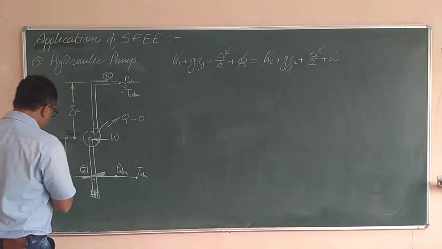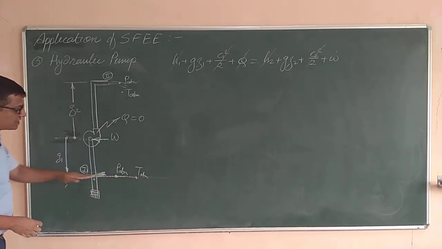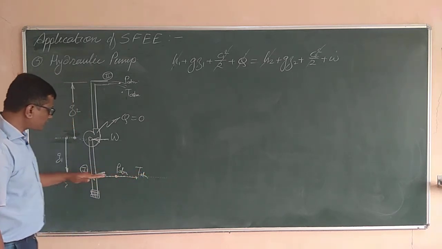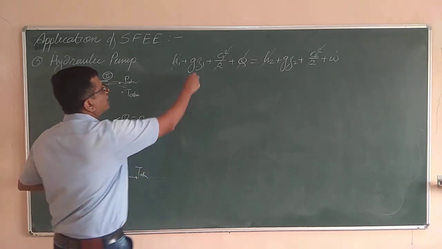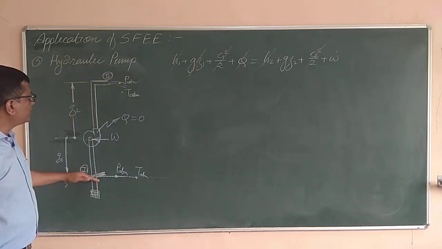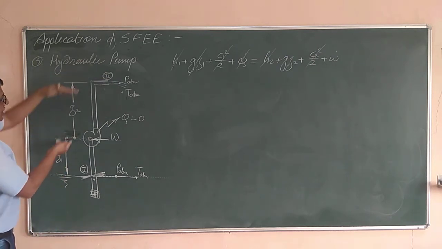If I take the datum to be over here at the same level, then the potential head has to be measured from this datum level. So the potential head across section 1 is 0, whereas the potential head at section 2 will be Z1 plus Z2.